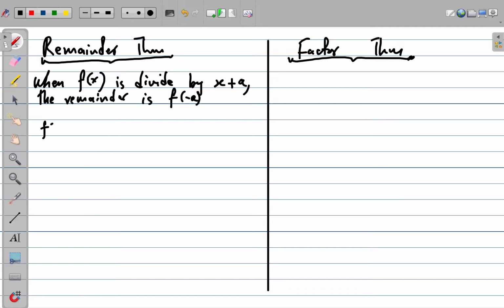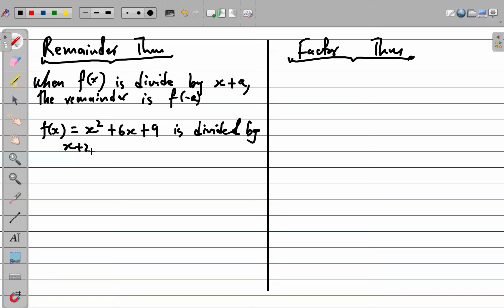Suppose I've got a polynomial f of x given by x squared plus 6x plus 9. And this thing, f of x, is divided by x plus 2. Now, what does the theorem say?